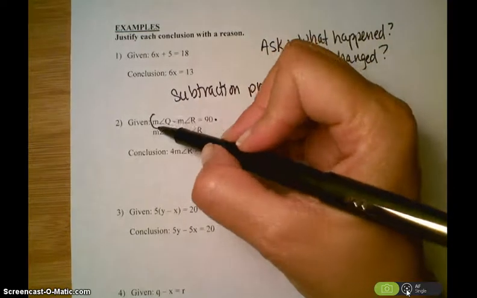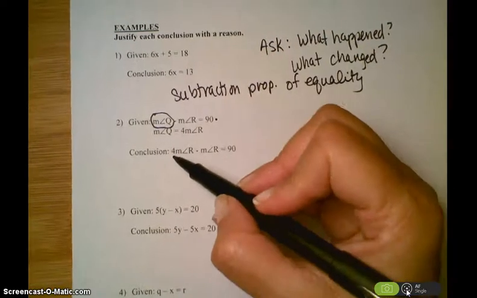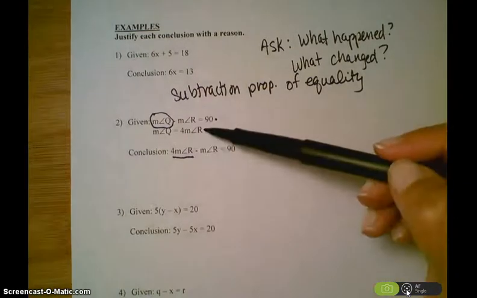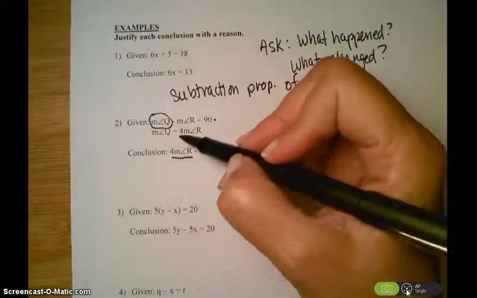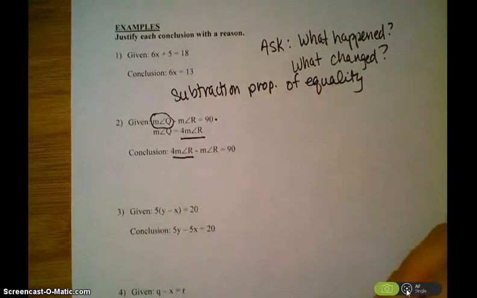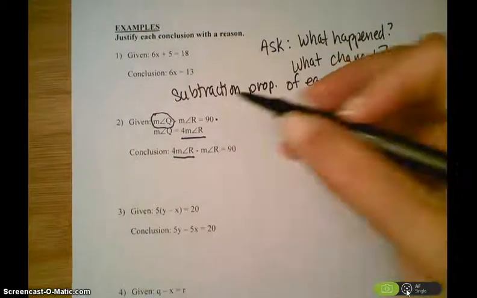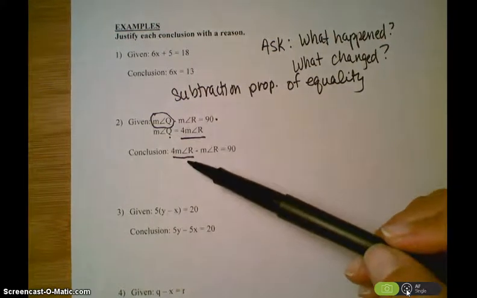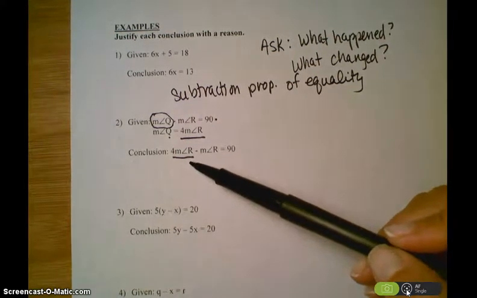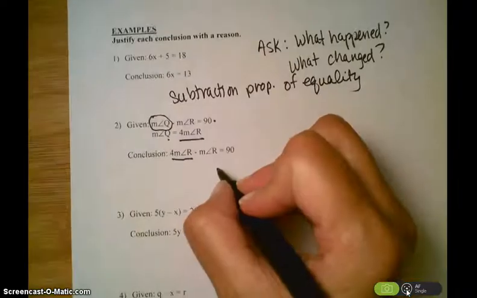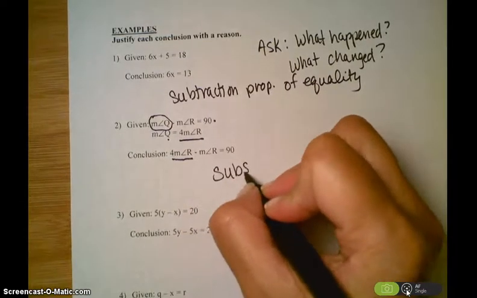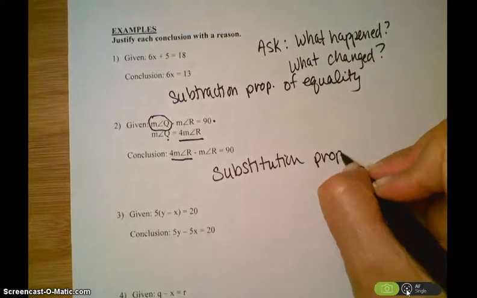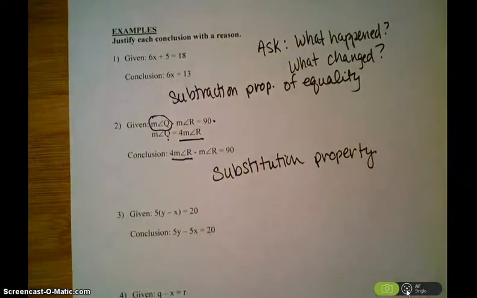Well, originally it had an angle Q in it, and now it has 4 times the measure of angle R. We can see in the second statement, angle Q is equal to 4 times angle R, meaning any place I see an angle Q, I can replace it with 4 times the measure of angle R, and that's what I did. So what we've done there is replaced part of my equation, and that is the substitution property at work. Did you get that one?